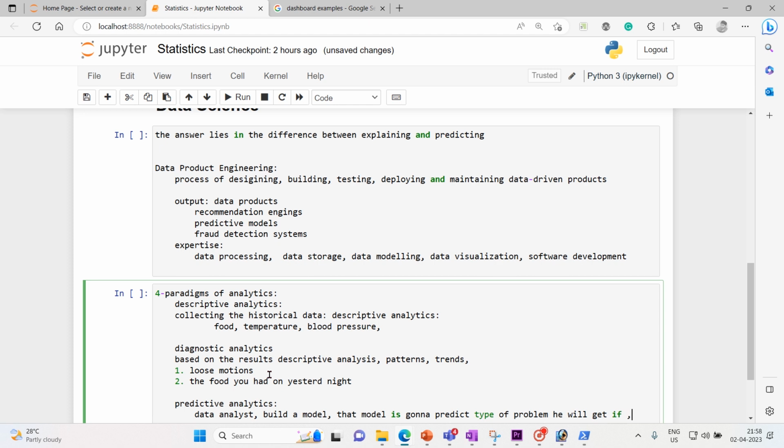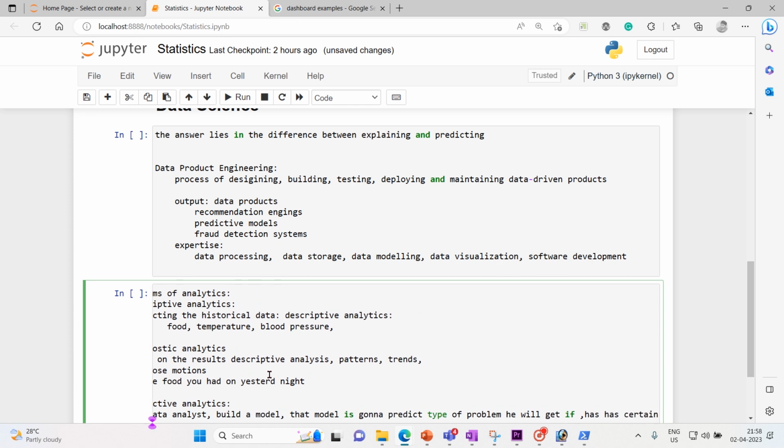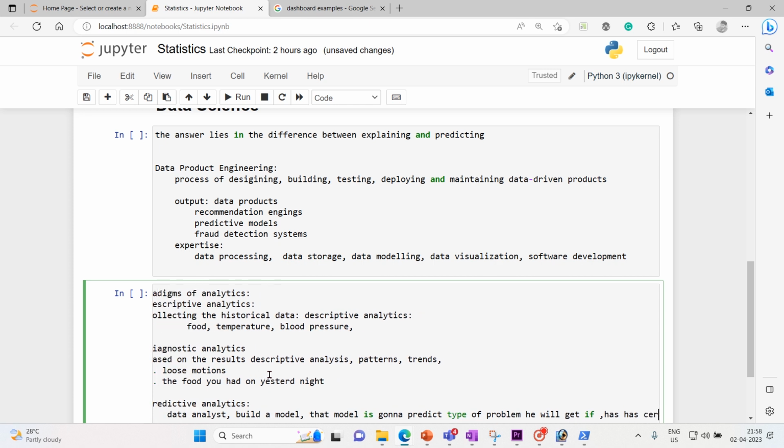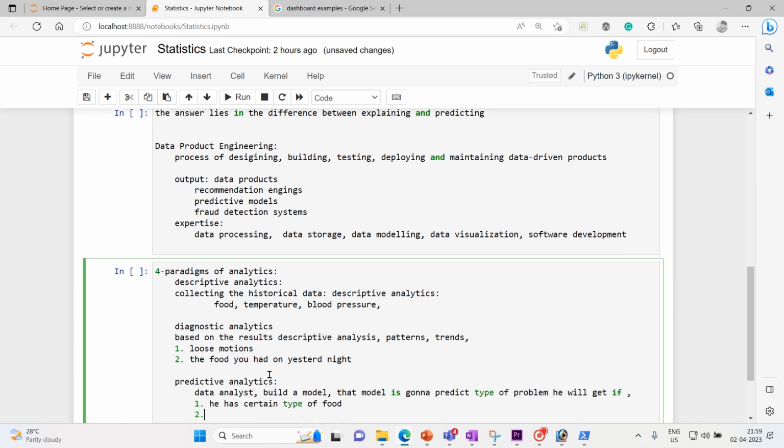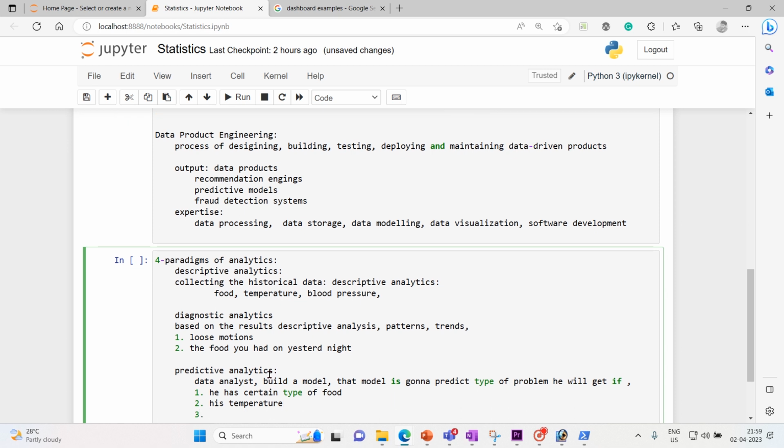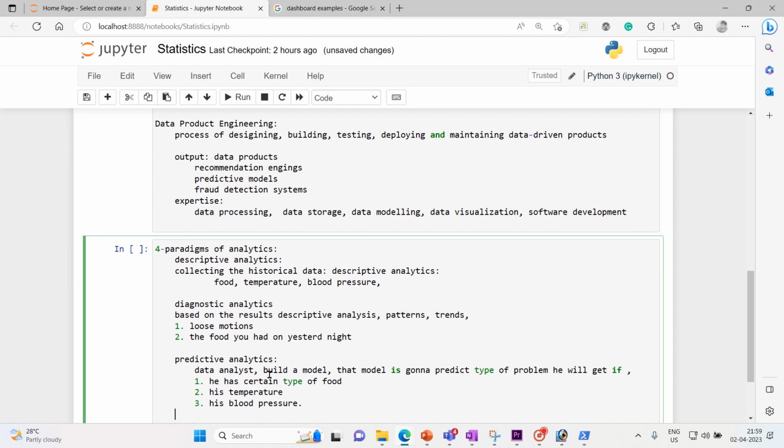Let me put it in three variables. First, if he has a certain type of food; two, based on his temperature; and third, based on his BP, blood pressure. That's our predictive analytics.